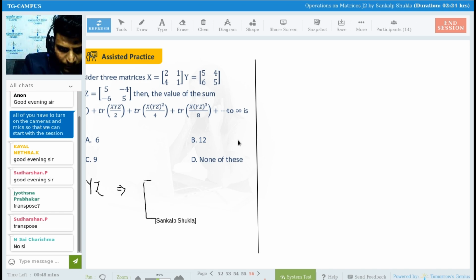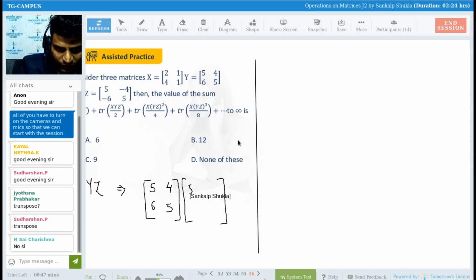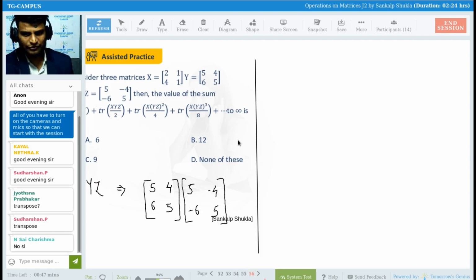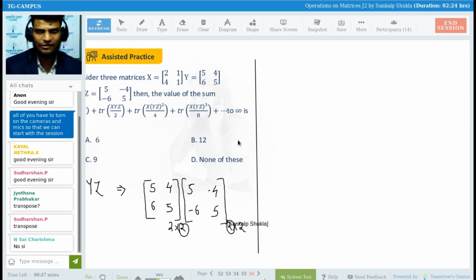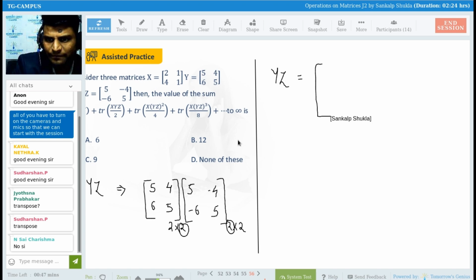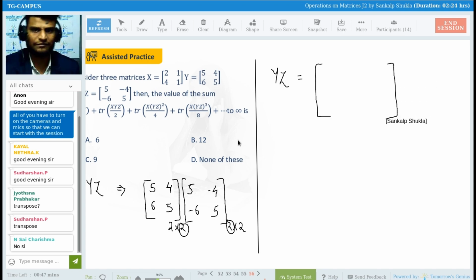So Y is 5, 4, 6, 5. And Z is 5, minus 4, minus 6 and 5. So yes, this is 2 cross 2. This is 2 cross 2. So I can clearly see that for 2 cross 2, the multiplication is possible, and the product only. So YZ will be this.